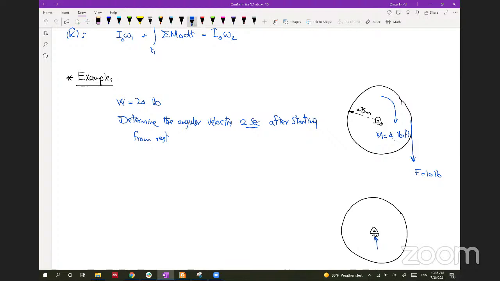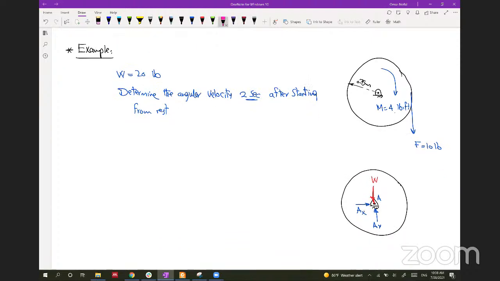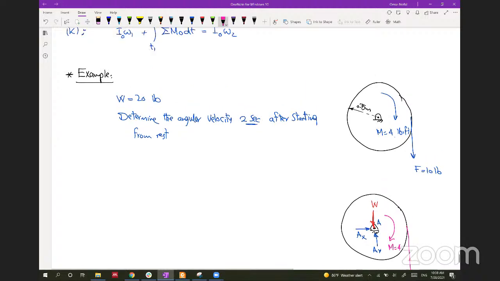Let's call this point A. You will have a reaction in the Y direction and a reaction in the X direction. Also the weight of the disk is going down, and you have an external force F equal to 10 pounds and a moment M equal to 4 pound-foot. I put all the forces here so I don't miss any of them in my equations.